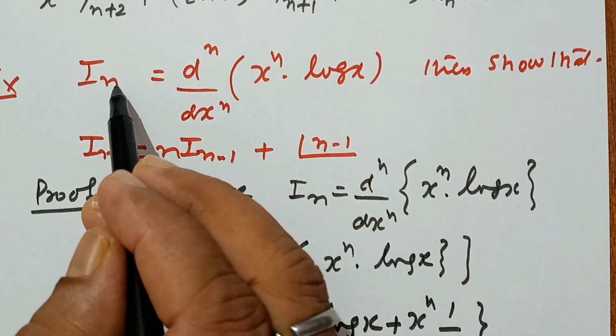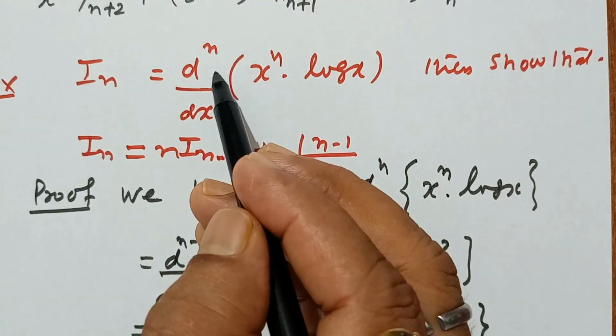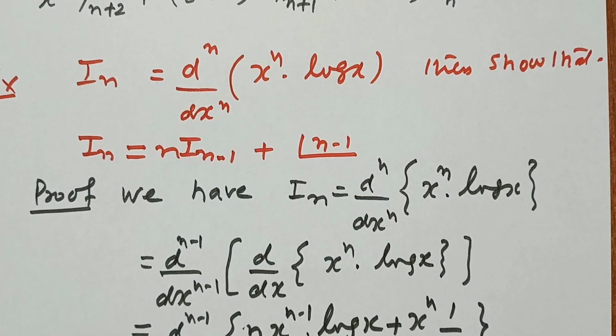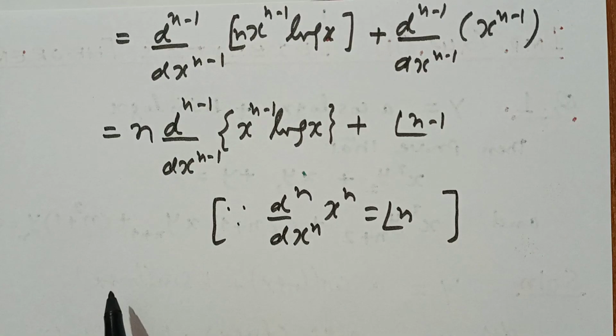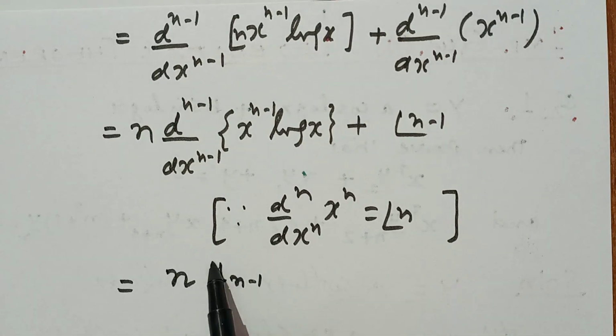If I want n minus 1, put it in place of n, so this is converted as d^(n-1)/dx^(n-1) by the given question, and this is factorial n minus 1, and hence proved.